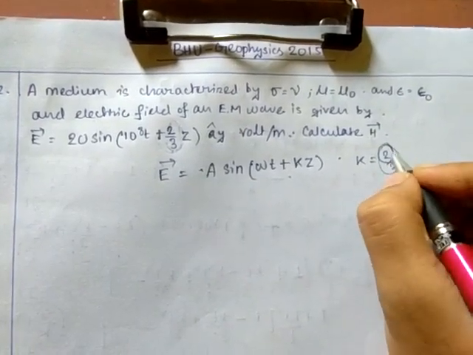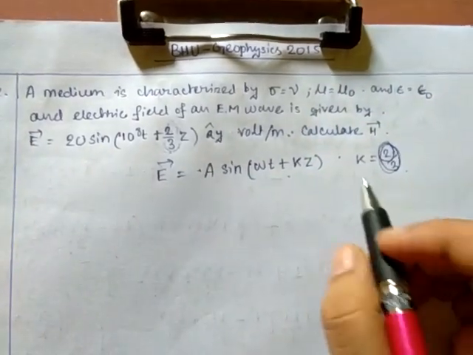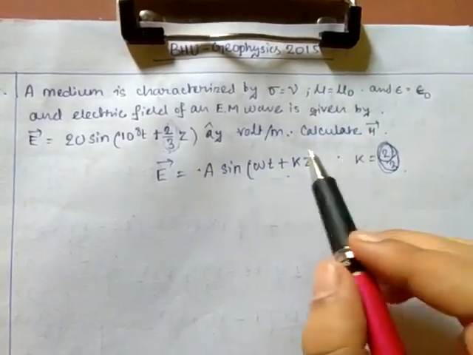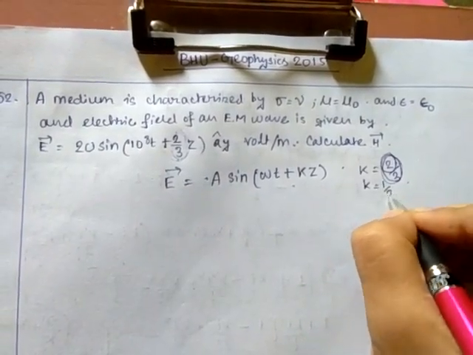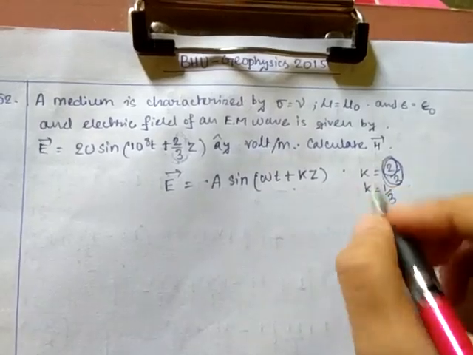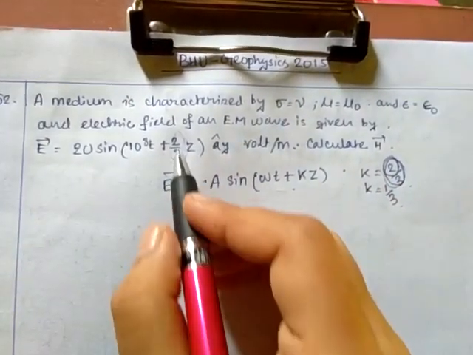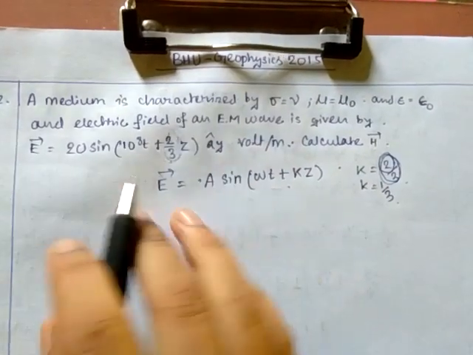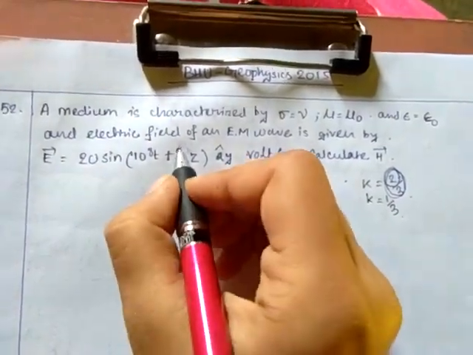If you consider k equals 2 by 3 and solve this question, the answer won't match with the options given. So I will consider k equals 1 by 3. I will explain later on why I have considered k equals 1 by 3, not 2 by 3. So I will approach the question with k equals 1 by 3.